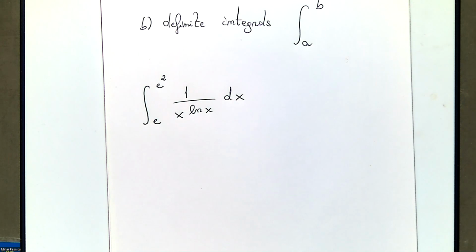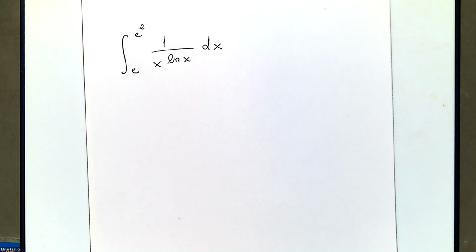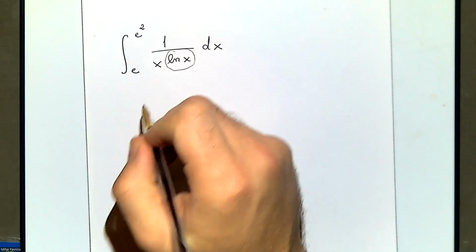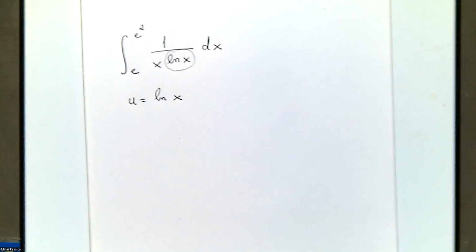Now, this integral might work through the by parts method, but it might be quite ugly. That's not how we're going to solve it. We're just going to use a substitution, and to no surprise, we're going to substitute this. So I'm going to say u is equal to ln of x.